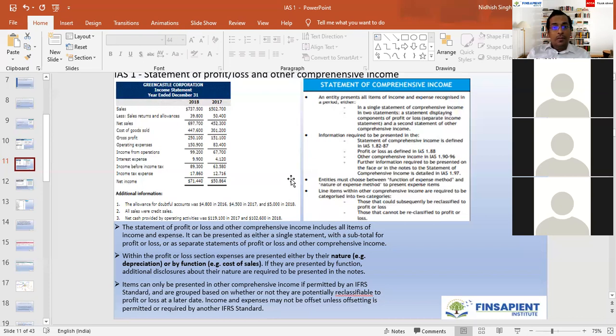Another item is what we're seeing here, like a typical statement of profit and loss. Why typical? Because look at this Green Castle Corporation's line items. It is saying cost of goods sold, gross profit, operating expense, income from operations, interest expense, but there are no extraordinary items. Extraordinary, what I mean is that there's no sale of maybe an office or any real estate of the company.